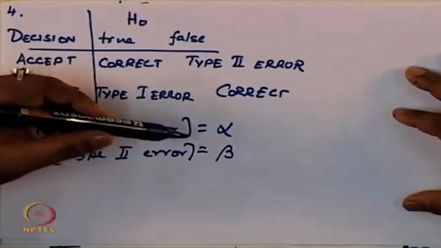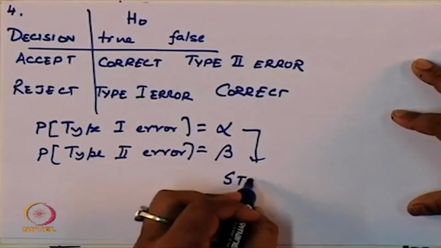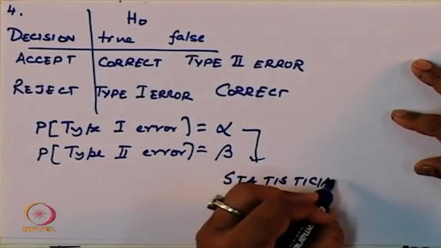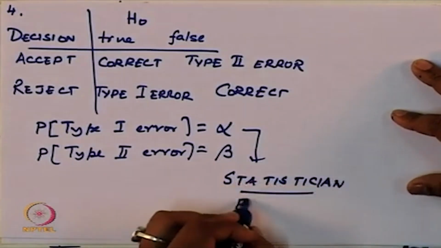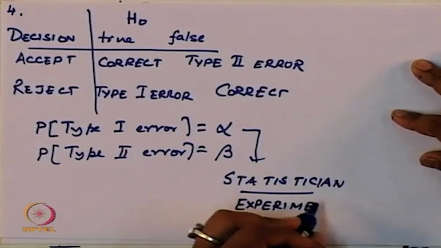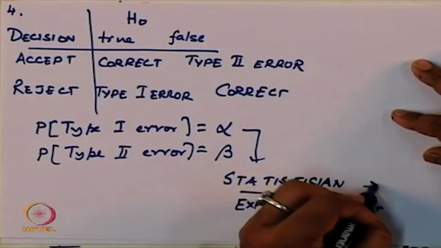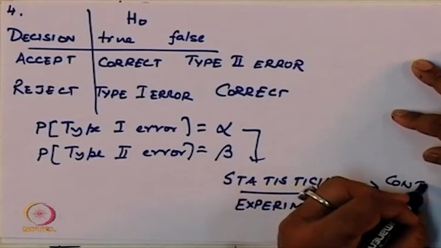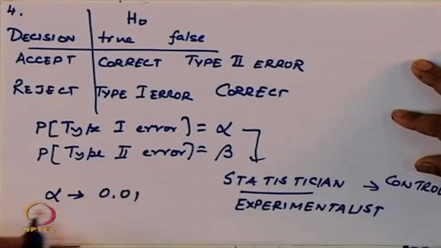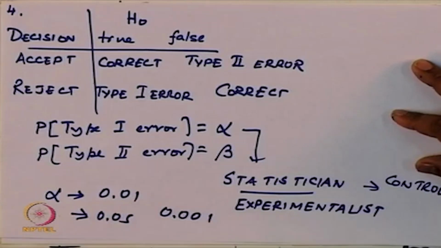Now, what you see is alpha is in the statistician's or experimentalist's hands. You can control it. Why? You can choose alpha equal to either 0.01, 0.05, 0.001, and so on and so forth.